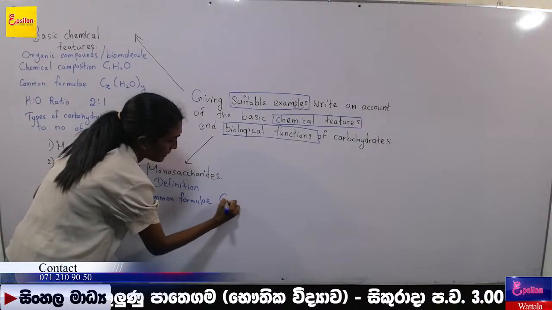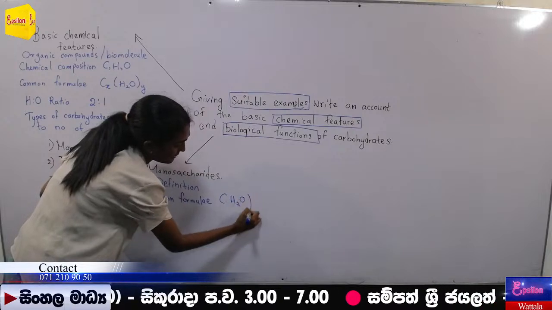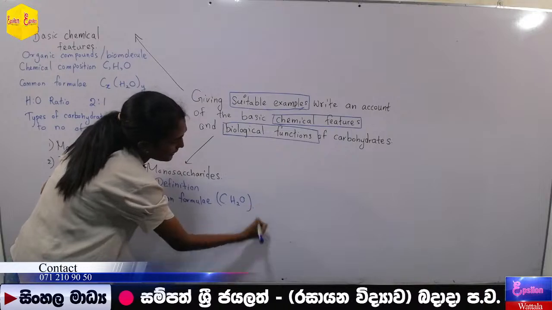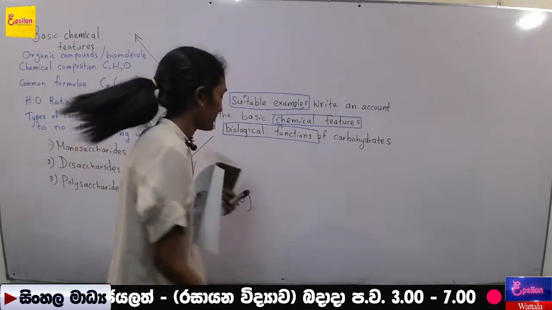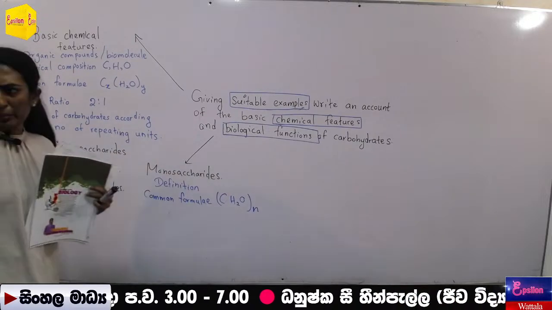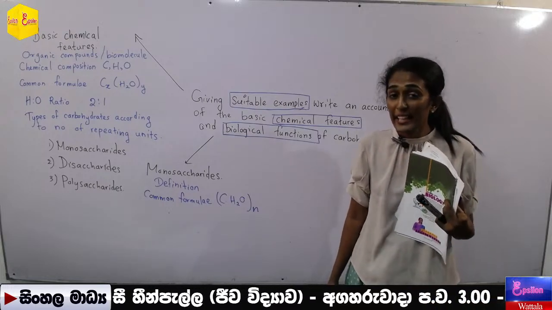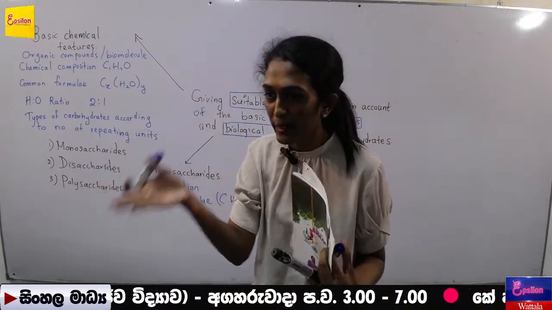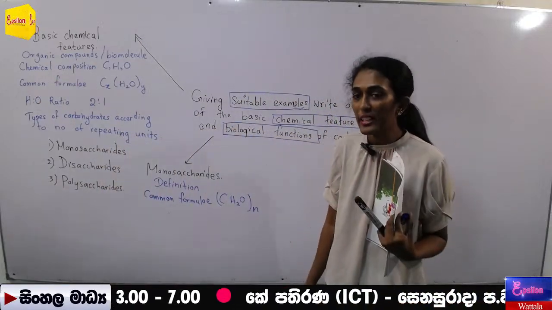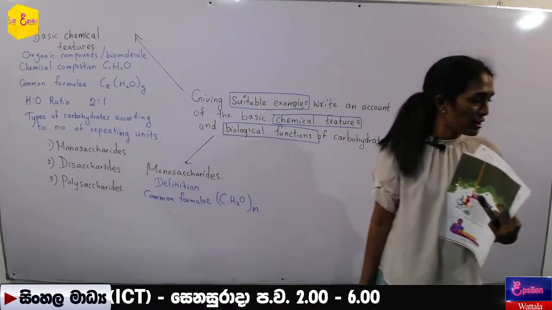C, N, yes. Alright, then what else to write about these monosaccharides? Types of monosaccharides according to the number of carbons. Types of monosaccharides according to the carbonyl group present, isn't it? So I'm going to divide this into two.